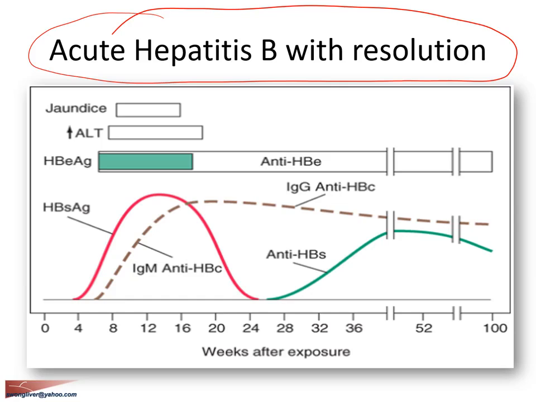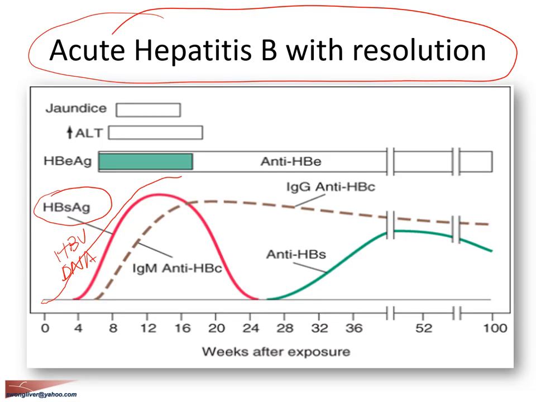So what happens first? When you get exposed to hepatitis B, usually as an adult, maybe horizontal transmission from needle stick injury, from sexual transmission, the first screening test that we usually do is to get the HBS antigen. Okay, of course, actually, in the acute exposure stage, the first thing that will be positive will be your HBV DNA.